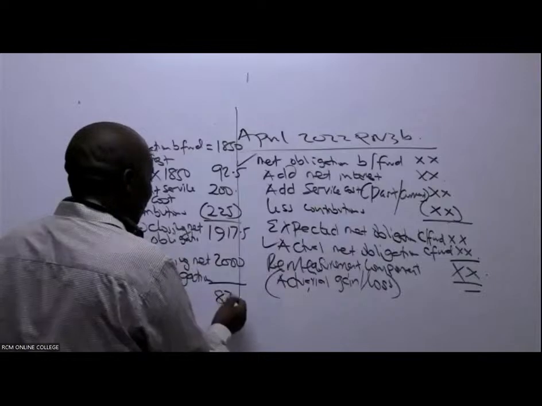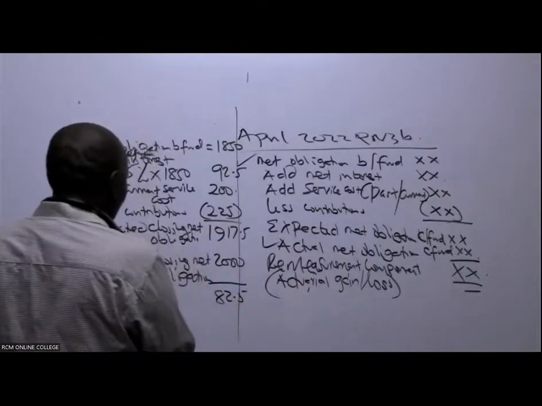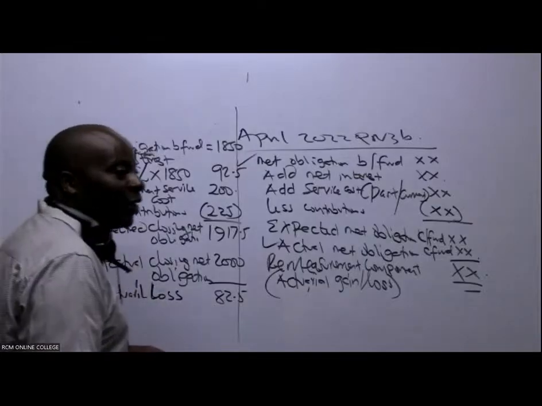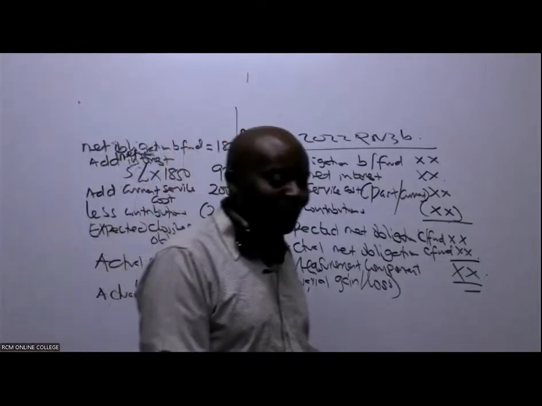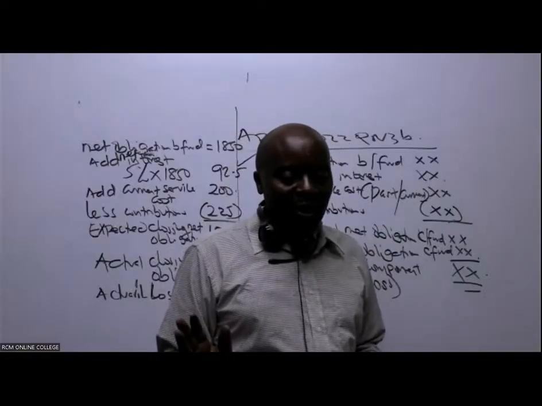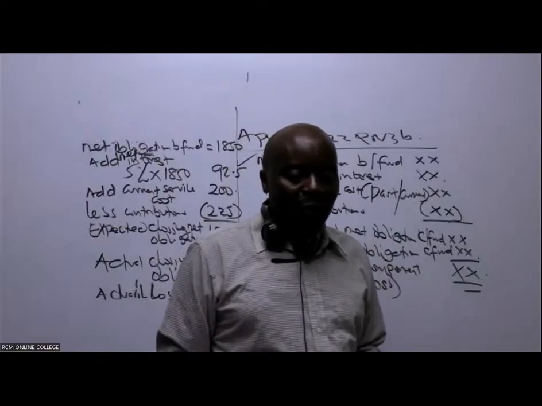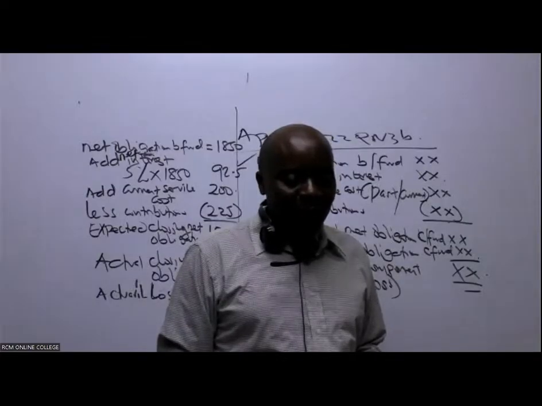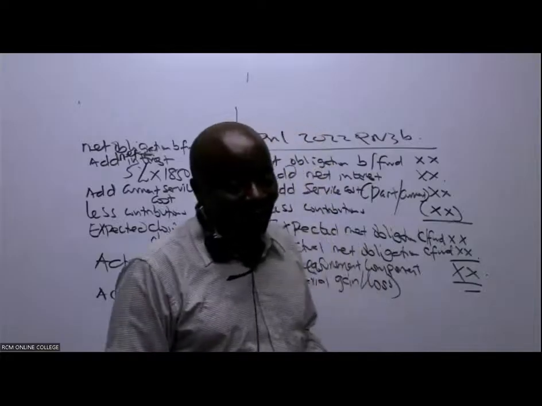Mike pia umedanganya kidogo. Ukisema tu jina loss, actuarial loss, usiseme minus. Usiseme at KQ may make loss of negative 10 billion. Ukisema tu jina loss. So it's a loss of 82.5. Great.